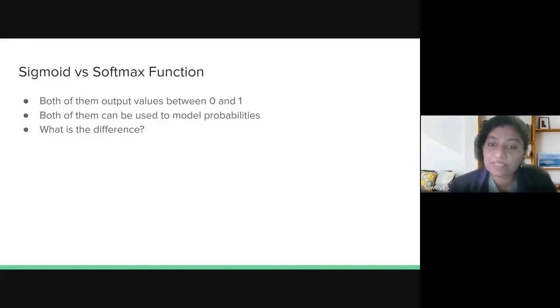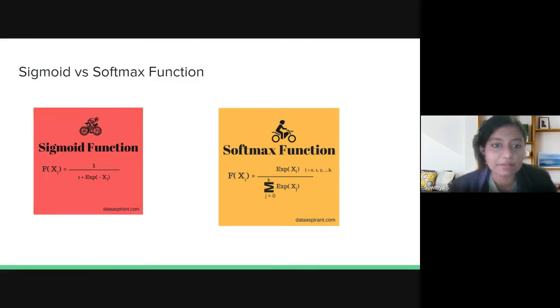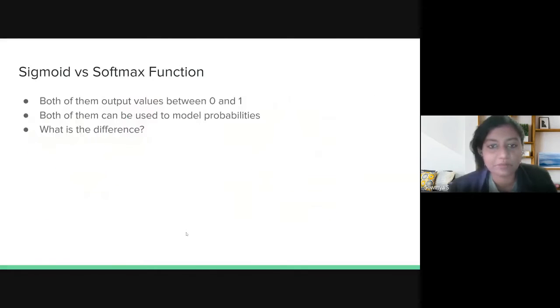Both of them output values between 0 and 1. Both of them can be used to model probabilities because not only do they output values between 0 and 1, they will also sum up to 1 because of the way it is designed. So what's the difference? Sigmoid is actually a binary case of softmax. If you see the definition, this is 1 by 1 plus e power minus x, and this is e power x by sum of them. So in the binary case, when i is 0 and 1, you'll get back this particular function.